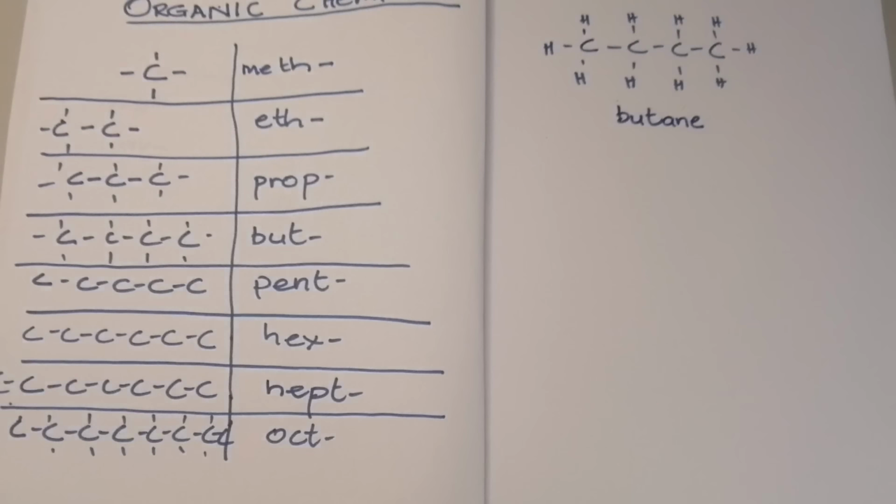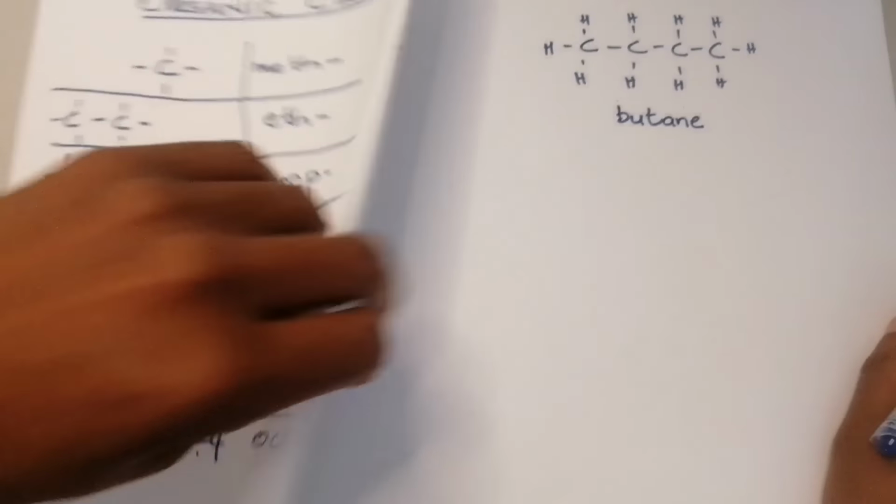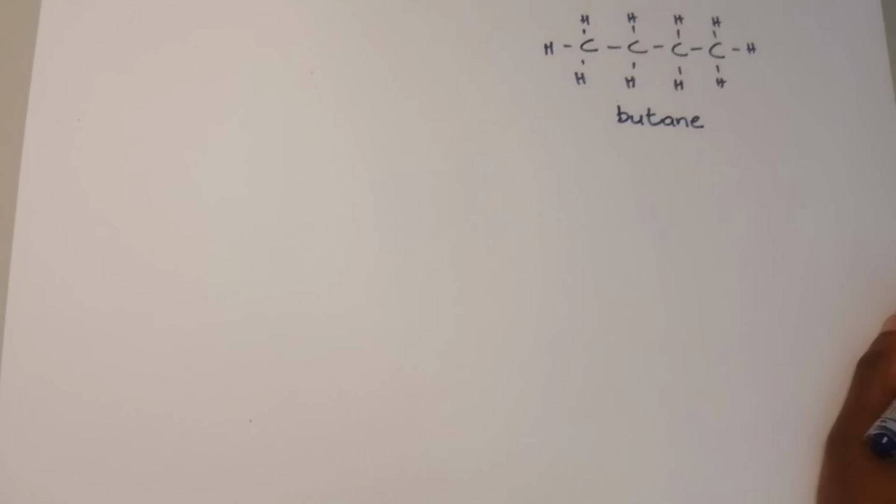Now, I know some of you are thinking, okay, we get the gist of that. Now, the problem comes when we have isomers. So what are isomers essentially?